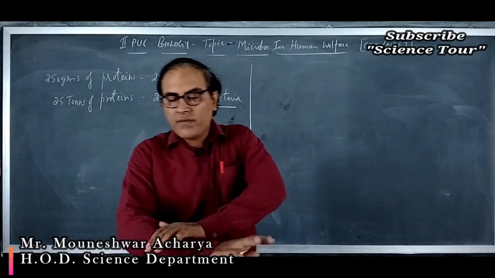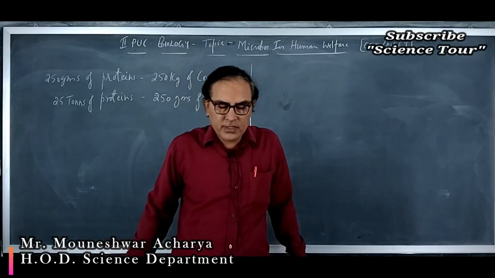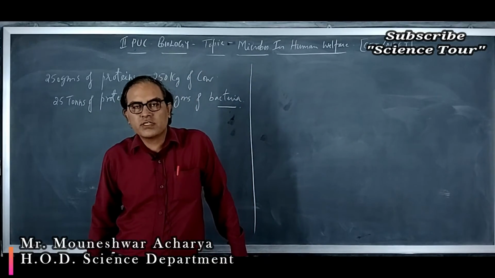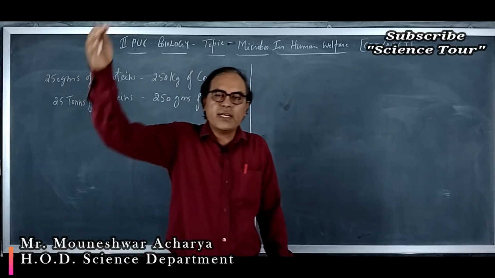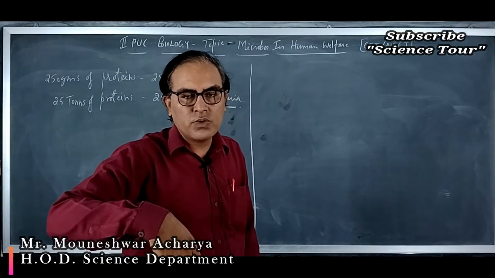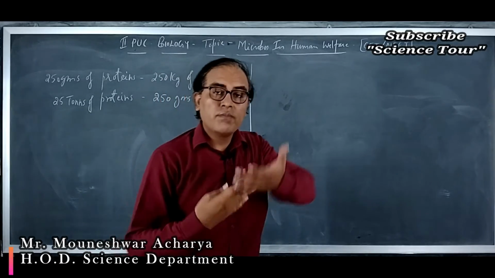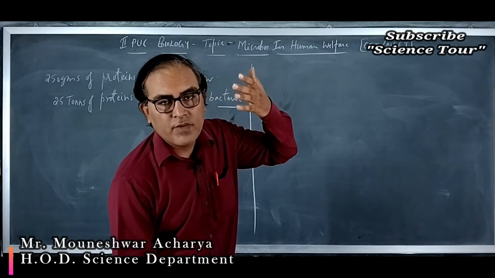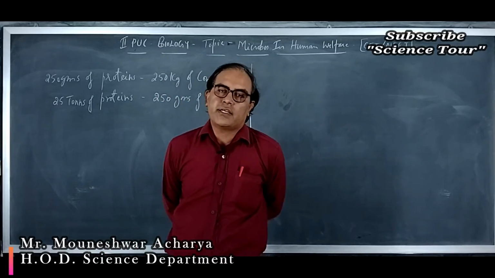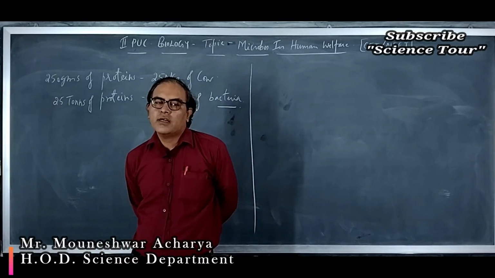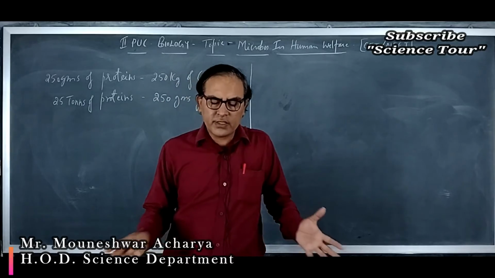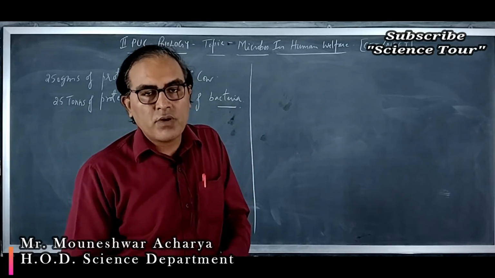So this alga will cover the entire water ecosystem and prevents the entry of the sunlight, so that the vegetation which is found below this algal region will be deprived of the sunlight, and after death, they will be acted upon by the microorganisms.